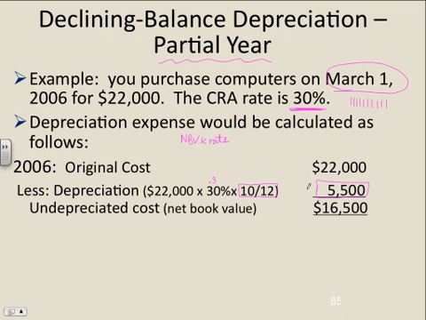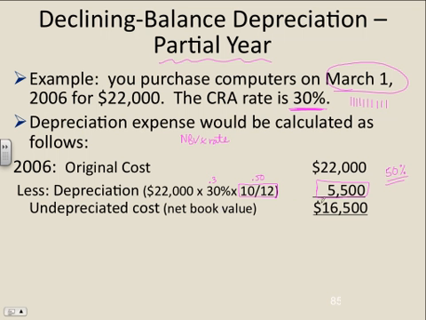Now I'm going to talk to you about the 50% rule in a little while. But for now, we're going to just prorate it if you're just doing declining balance partial year depreciation for your company. But when you need to submit to the government your depreciation, you need to use the 50% rule, no matter how long you've had it for.